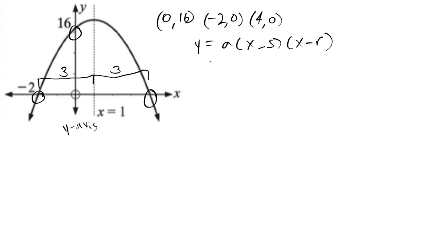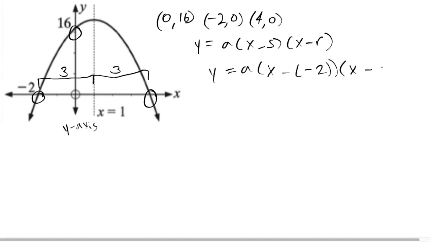So let's substitute our two x-intercepts into the factored form equation for s and r. So we get y equals a(x minus negative 2)(x minus positive 4). So let's expand this out.